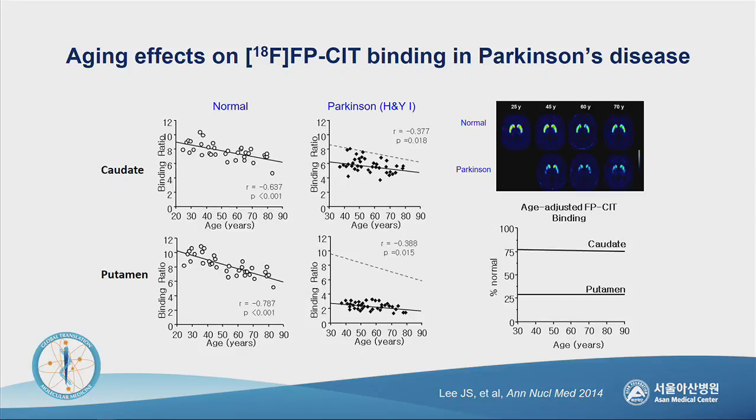This slide shows the aging effect of FPCIT uptake. In normal control, striatal uptake decreased about 6% per 10 years, with even striatal uptake, as you can see. In contrast, Parkinson's disease shows less aging effect.